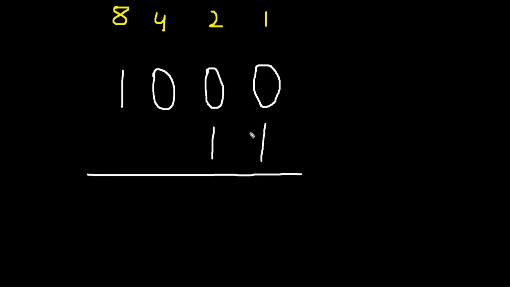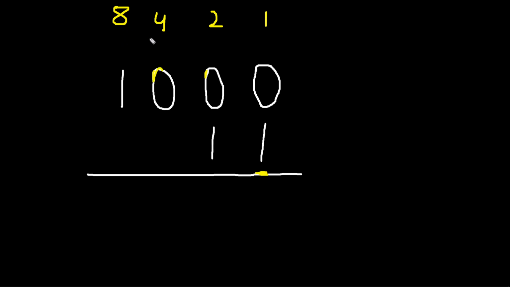Now, we want to subtract 1 at first here. There is a 0, so we need to borrow from upper ranks. But we have 0 here too, and here we have 0 too. So what to do?